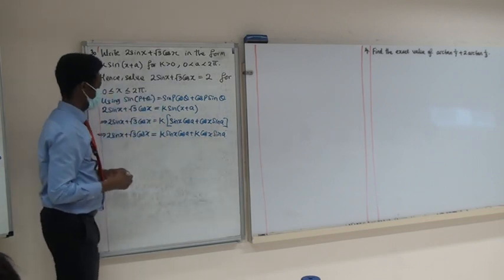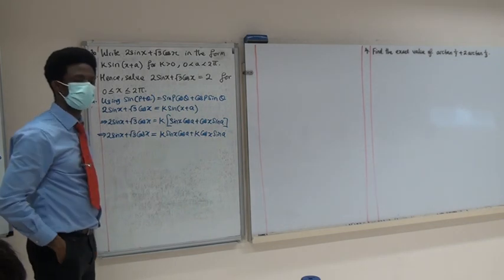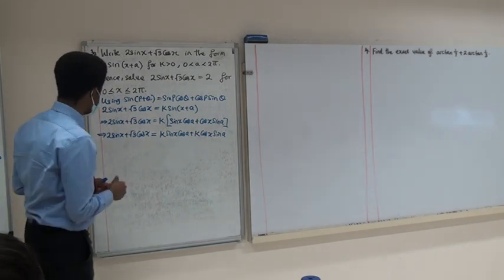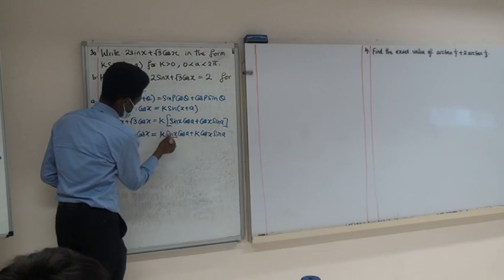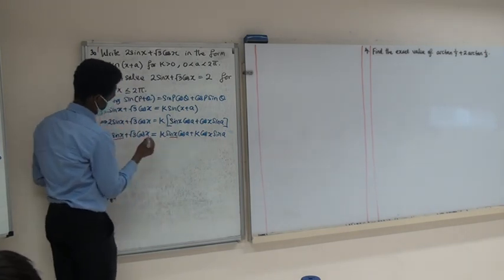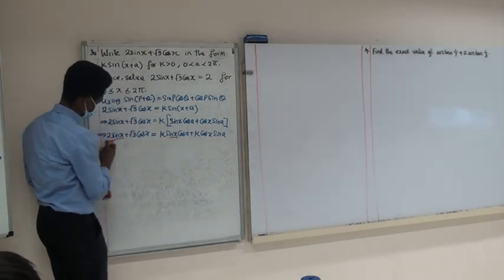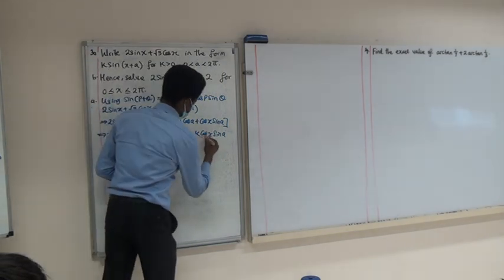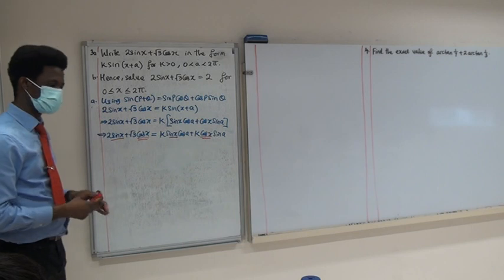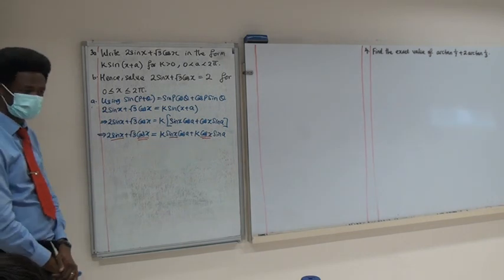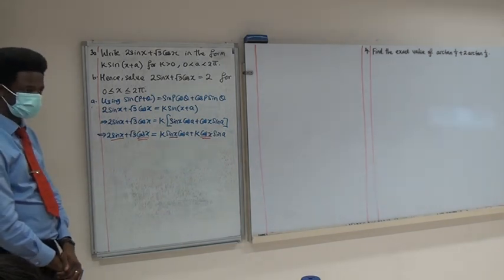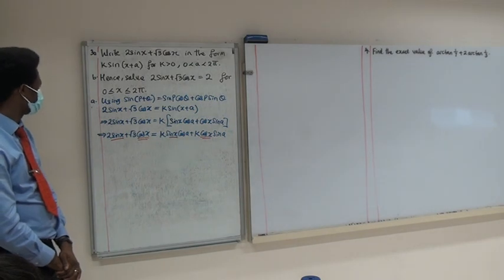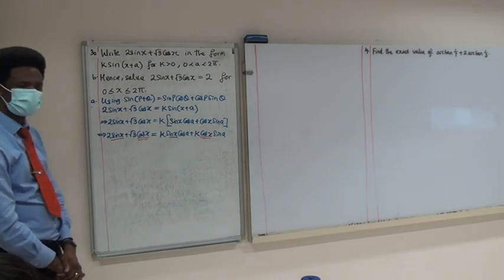What we will normally do is to compare both sides: the sine and the sine, the cos and the cos. If these two must be the same, their coefficients must be the same. So k cos a equals 2, and k sine a is equal to root 3.